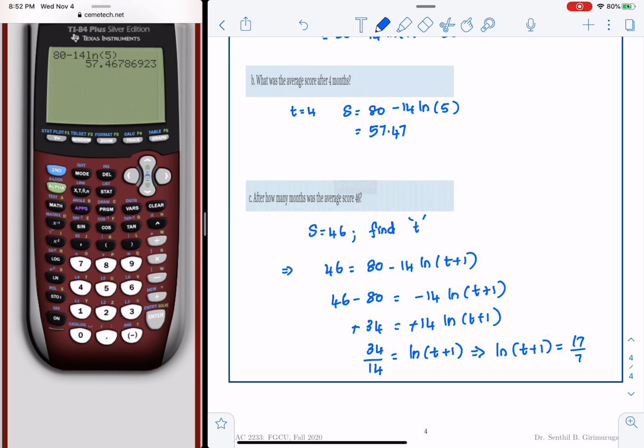Since that is a logarithmic equation, we can exponentiate on both sides. e raised ln of t plus 1 equals e raised 17 over 7. The e and the ln get cancelled. So we have t plus 1 equals e raised 17 over 7.